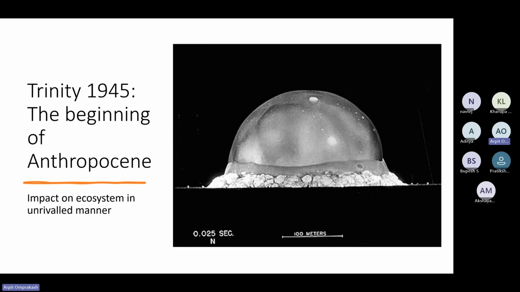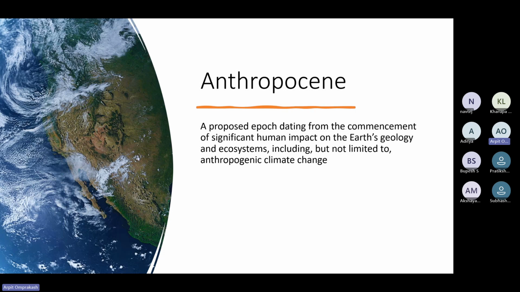So first nuclear tests were carried out across the world, and people realized that the impact that we as a species have on the ecosystem is unrivaled by any other species that is present. The Anthropocene is a proposed epoch dating from the commencement of significant human impact on the Earth's geology and ecosystems, including but not limited to anthropogenic climate change.